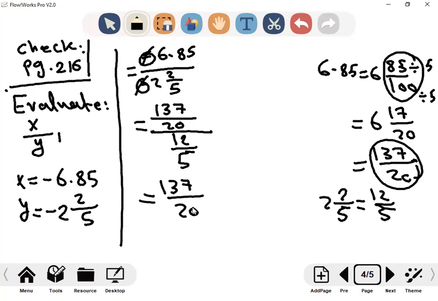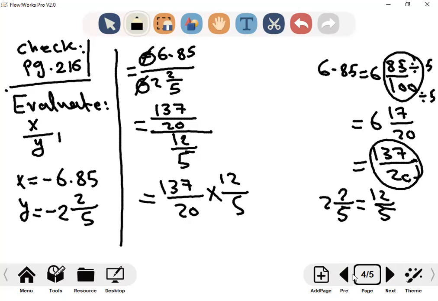The division will be multiplication. Multiply 12 over 5.